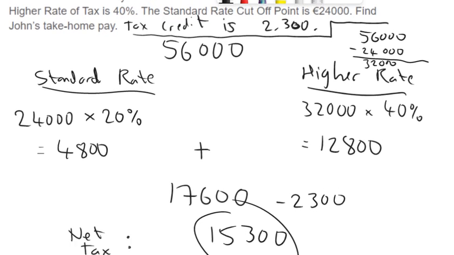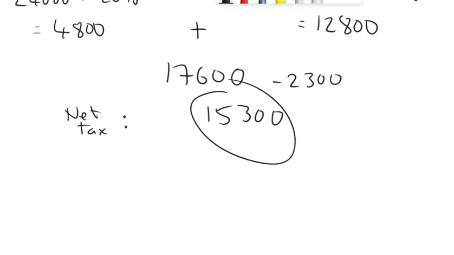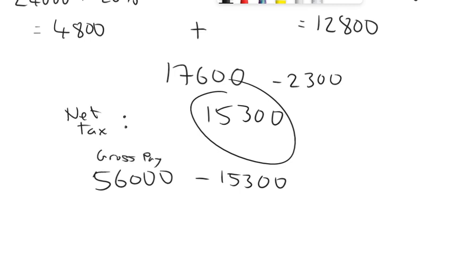So I can just take that away from 56,000. That's my gross pay, and that's my net tax. I have to take one away from the other, and that's how much I get to take home.